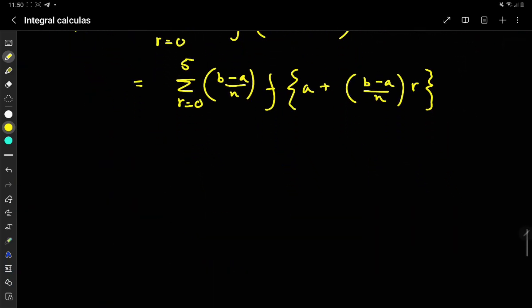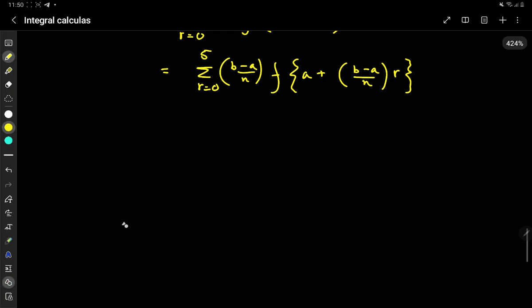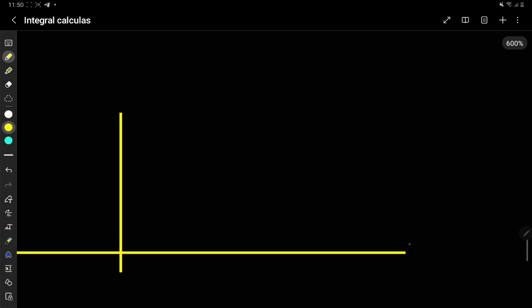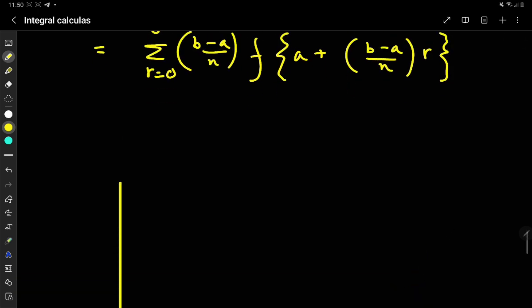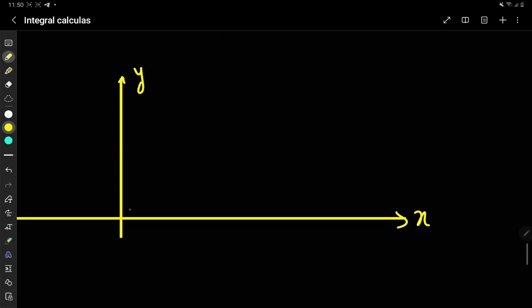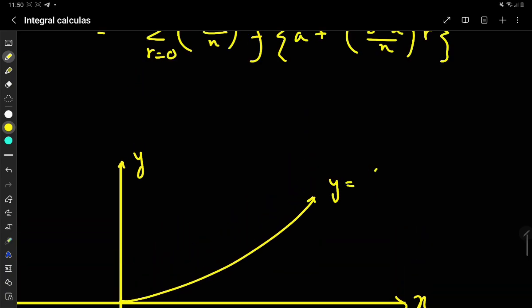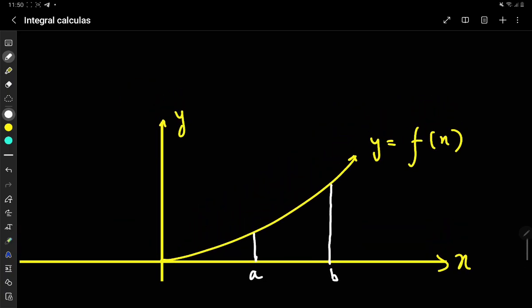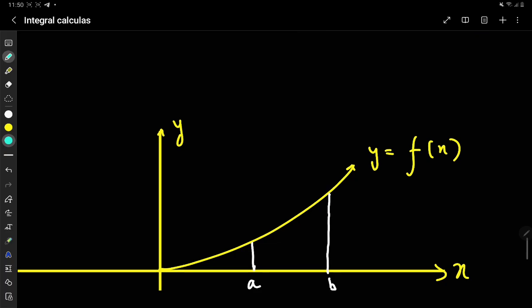So let's say once again we take a similar sort of curve. So we draw the Cartesian coordinate. This is x and this is y, and let's say this is the function, and once again we want to find the area from a to b, and this time instead of going from the left hand side we could have gone from the right hand side.